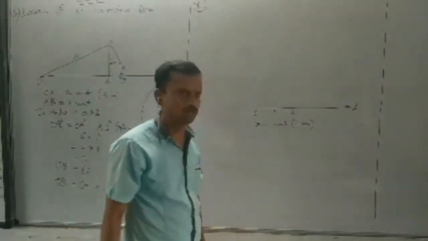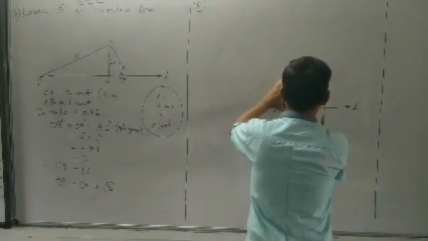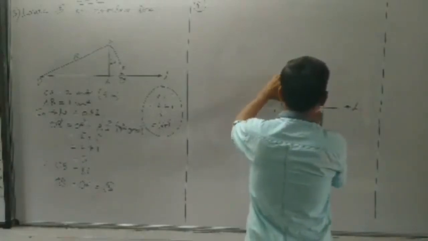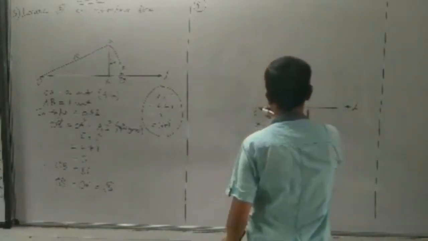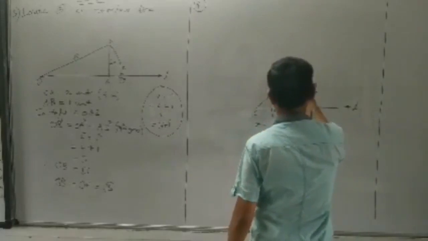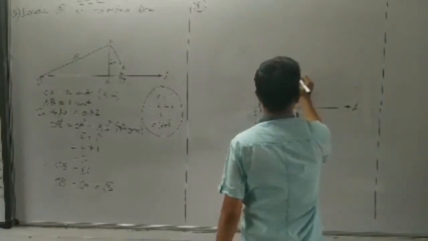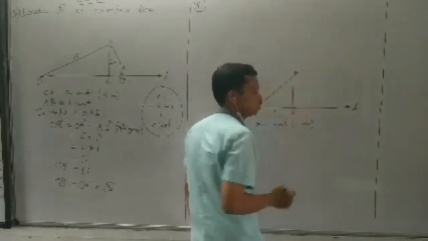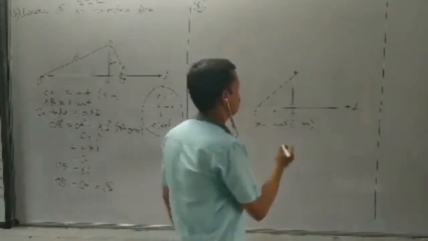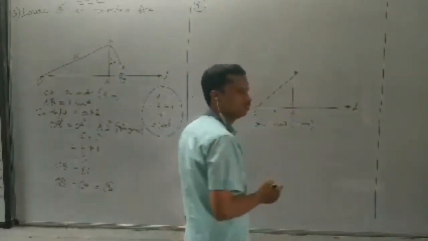So OA you take 1 unit, and at A you draw a perpendicular and you join this. So let it be B. So this is perpendicular. We have to draw a perpendicular to A and AB also 1 unit. Clear? This is 1 unit and this is AB also 1 unit.